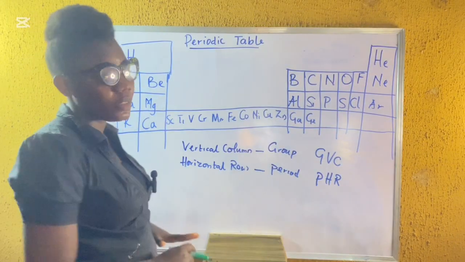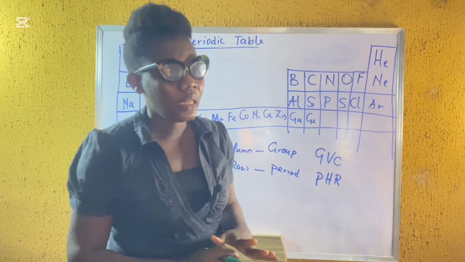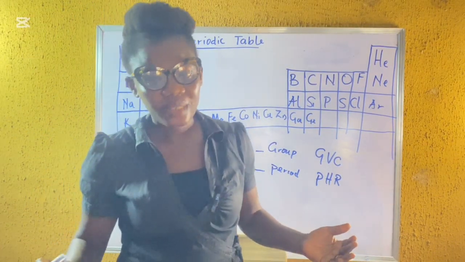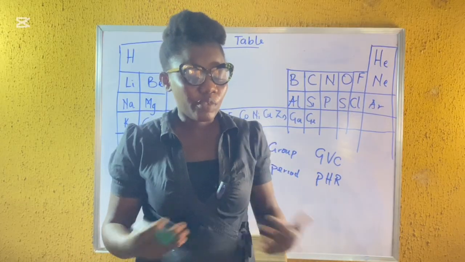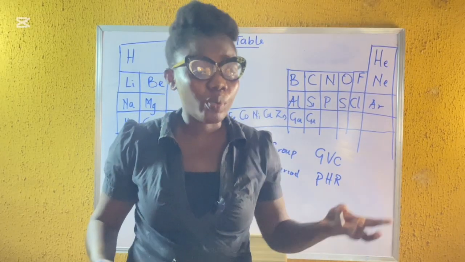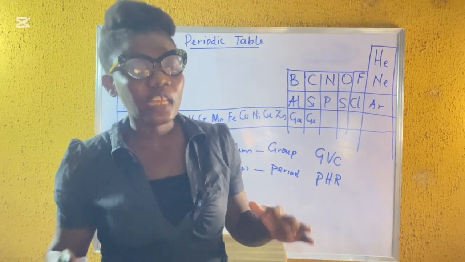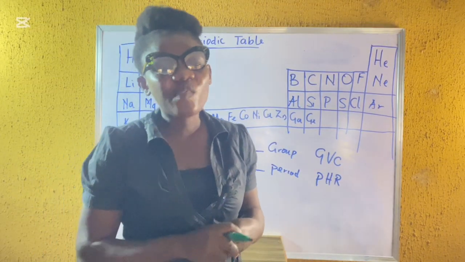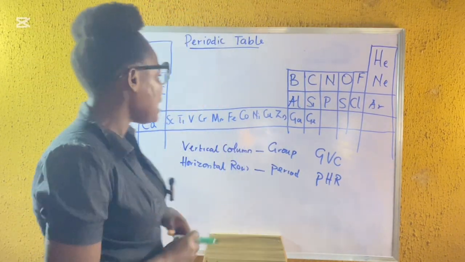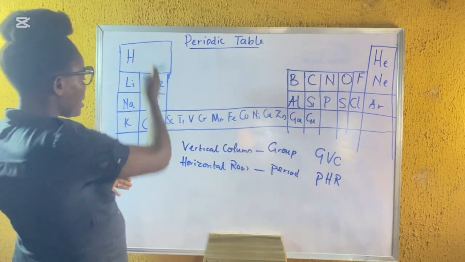For the groups, we have 8 groups. Yes, from our learnings, we have 8 groups: group 1, group 2, 3, 4, 5, 6, 7, 8. But generally, if we want to look at it, we have 18 groups. Now, I said the group is a vertical column.